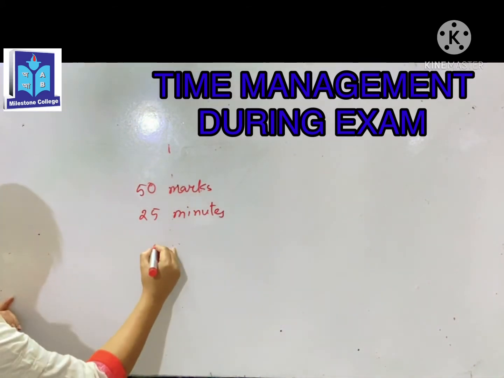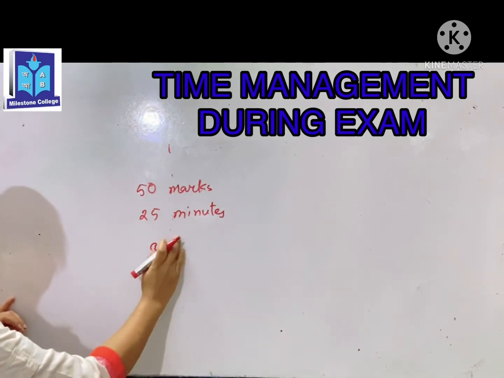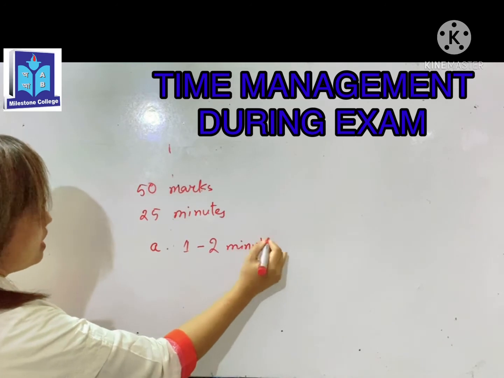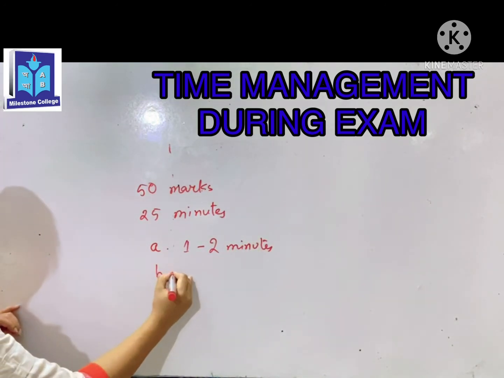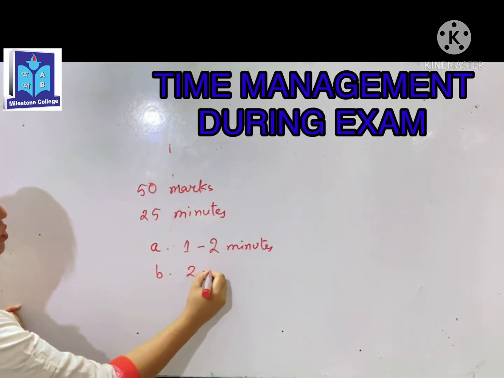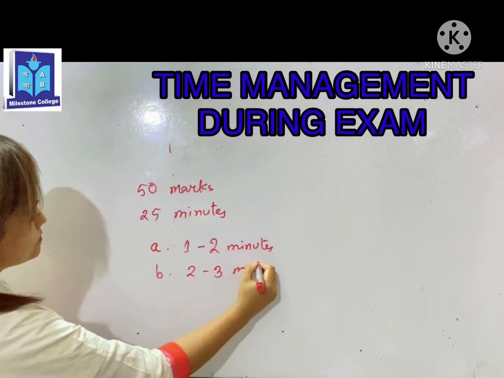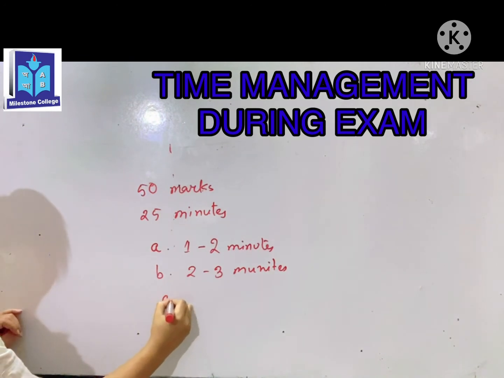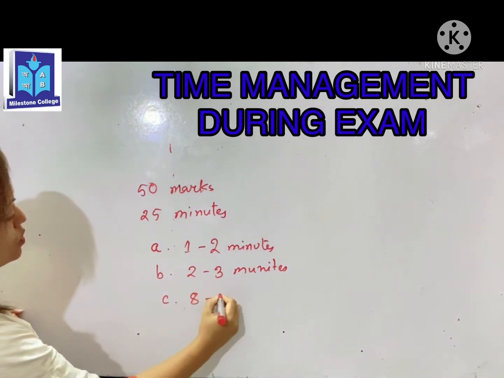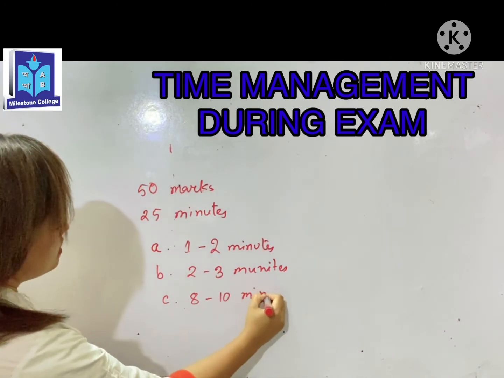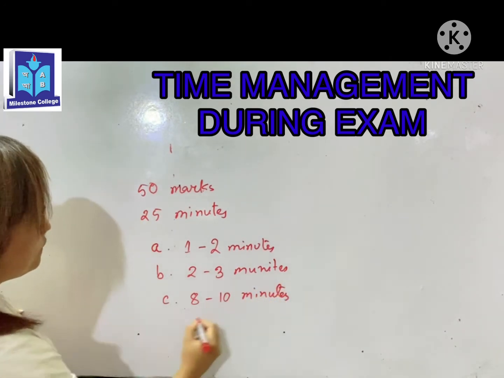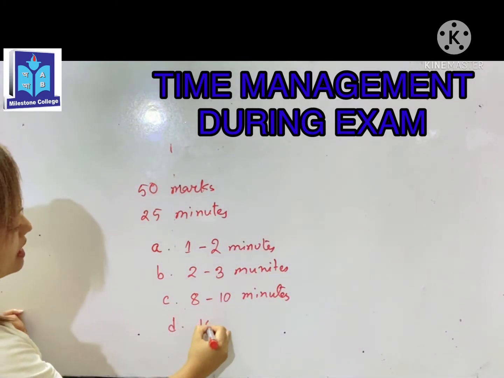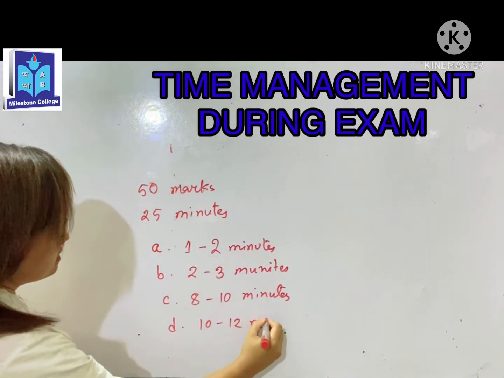Here you might have 1 to 2 minutes for answering an A standard question, 2 to 3 minutes for a B standard question, and for C 8 to 10 minutes. And number 4, that means the 4 standard question, you might utilize at most 12 minutes.